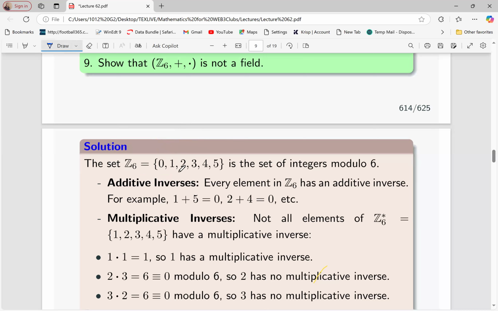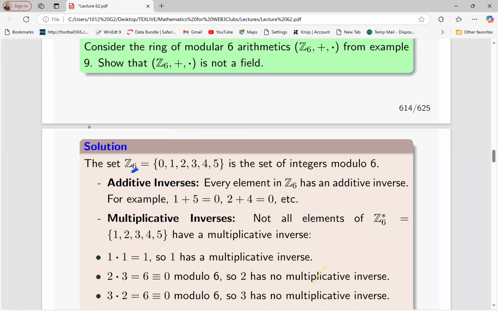And of course, we know that if you have Zn, the elements which are not relatively prime to n would not have multiplicative inverses. Like this is not relatively prime to 6.